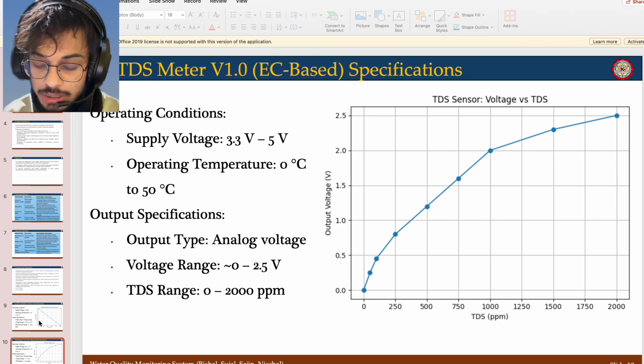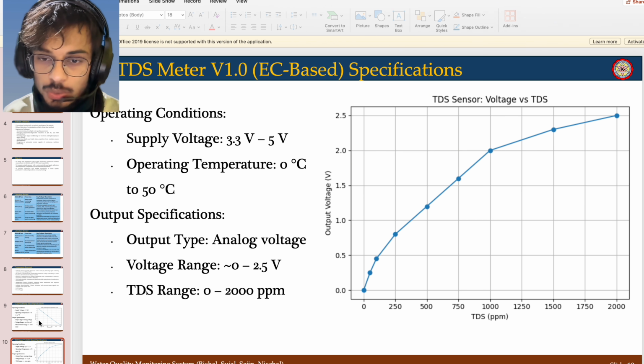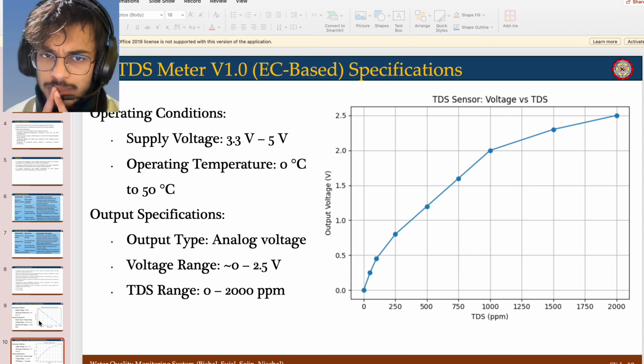This current is converted into voltage by signal conditioning, so low voltage means low ppm, and high voltage means high ppm. We measure the electrical conductivity, and by multiplying it with a certain factor, we convert it to TDS.